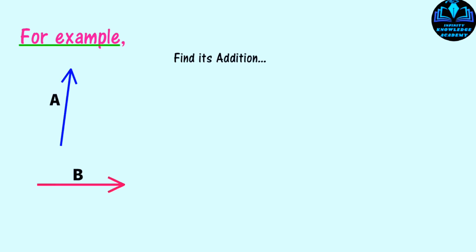So for example, if I have two vectors A and B, and if someone is asking me to find its addition by parallelogram law, I will take vector A. Now I am not using the tail of vector B to join it with the head of vector A. I am not using this.